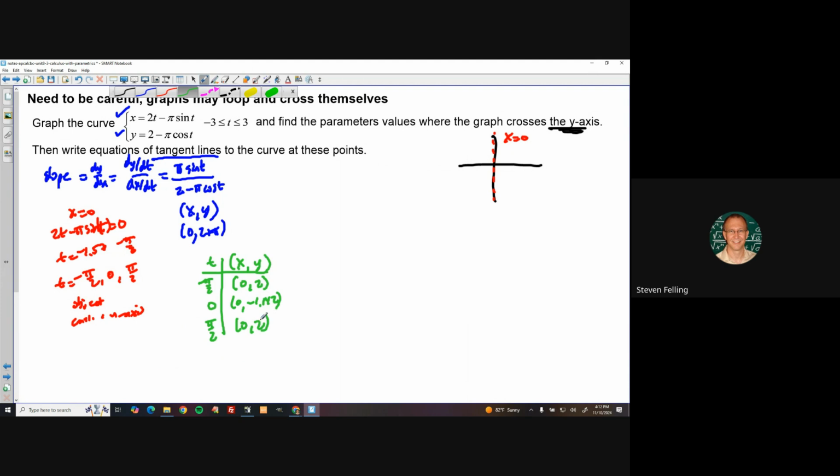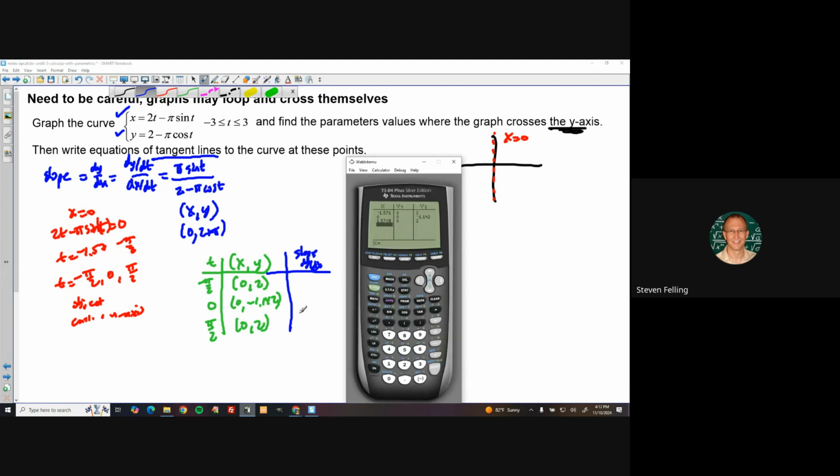I haven't graphed it yet. I'm just doing this all analytically. Now, let's also figure out what the slope is at these values. Slope is dy dx. So I'm going to add one more equation into the calculator since we're just using technology for this.